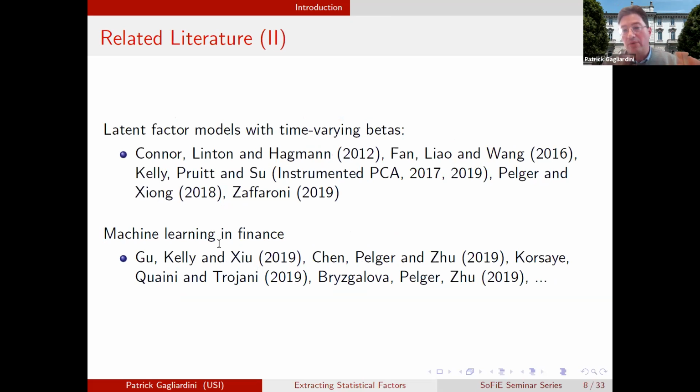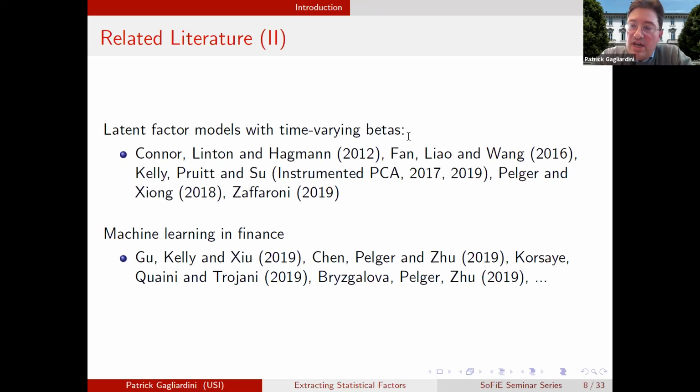The literature where both we have latent factors and time variation of the betas is smaller and more recent. There is an important contribution on instrumental principal component analysis by my discussant Seth, and there are other contributions, some of them I'm mentioning here.